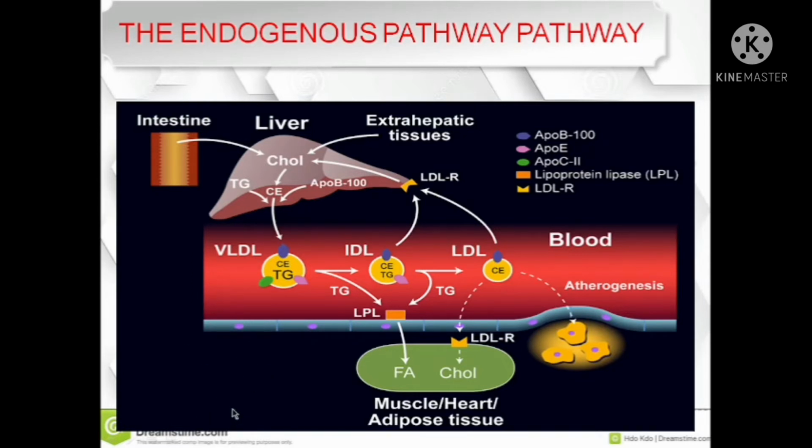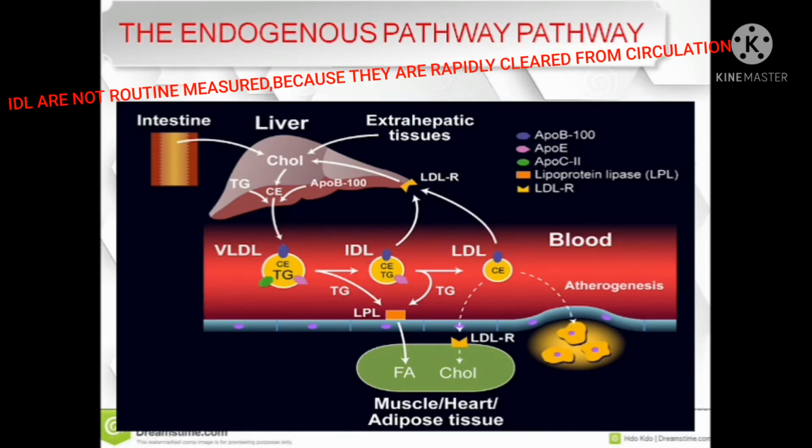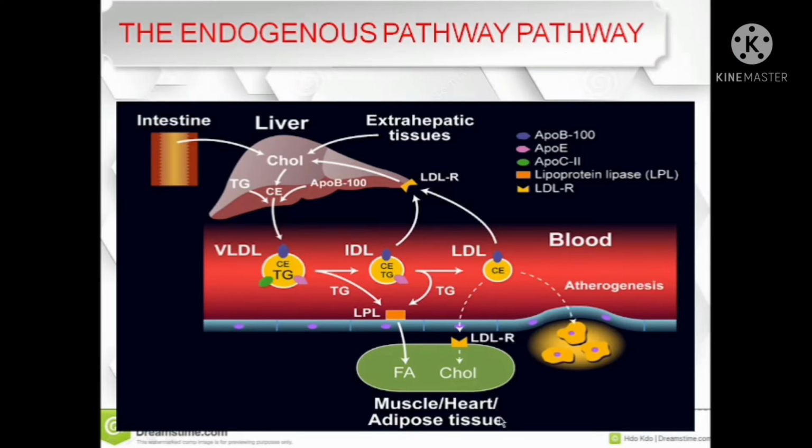IDL are very rapidly cleared, therefore they are not detected in normal plasma. That is why in most labs we don't run tests for IDL. Even if you perform tests for them, you won't get the actual value because they are rapidly cleared from circulation.